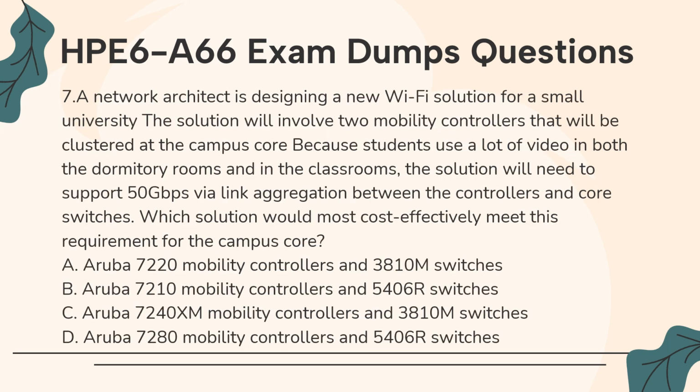7. A network architect is designing a new Wi-Fi solution for a small university. The solution will involve 2 mobility controllers that will be clustered at the campus core because students use a lot of video in both the dormitory rooms and in the classrooms. The solution will need to support 50 gigabits per second via link aggregation between the controllers and core switches. Which solution would most cost-effectively meet this requirement for the campus core?